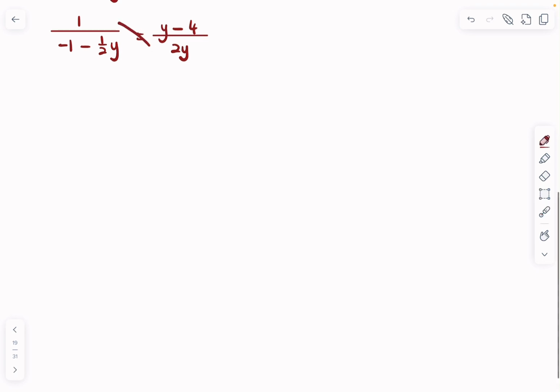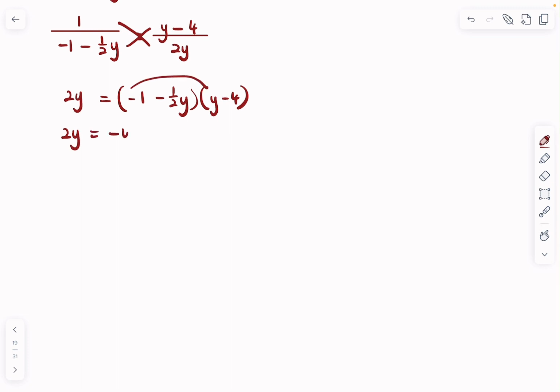So 2y times 1 is 2y. This whole thing times this, we have to expand. So 2y is negative y plus 4 minus 1 over 2y square plus 2y.